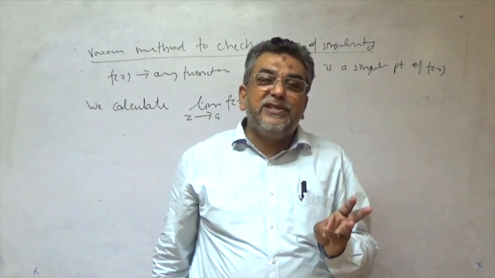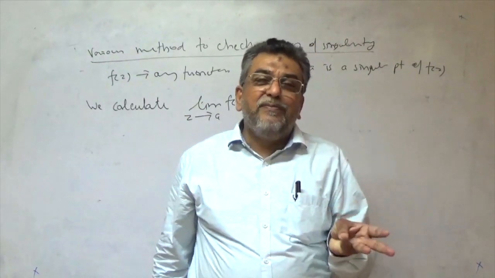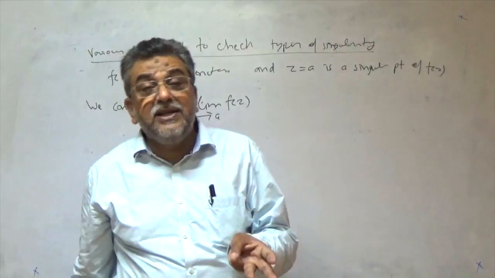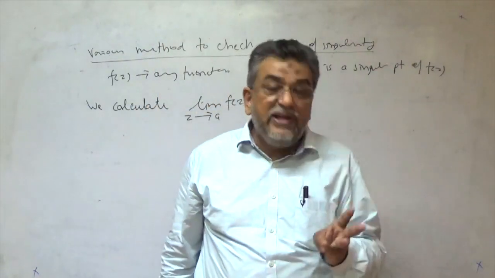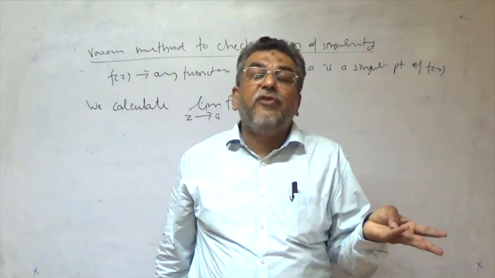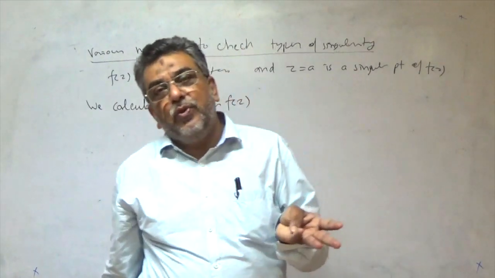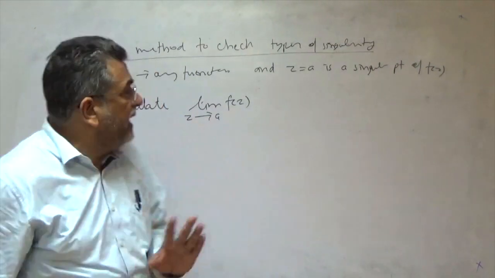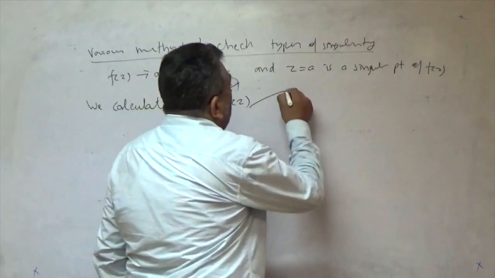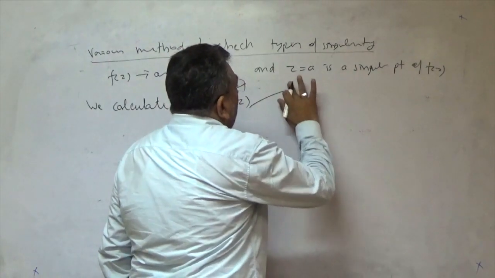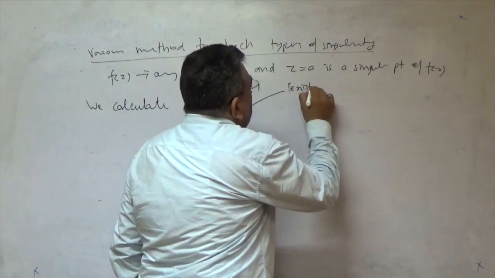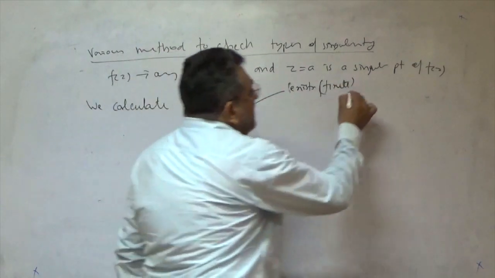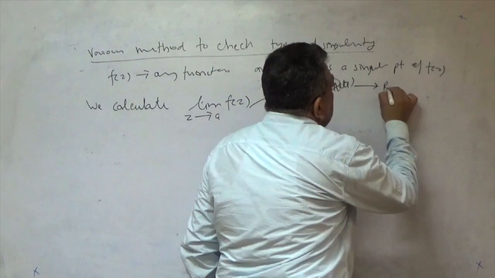So if the limit exists, then it is a removable singularity. If the limit tends to infinity, not finite, then it is a pole. And if the limit does not exist, then it is an essential singularity. That is very simple. If the limit exists, its value is finite, then we say that this is a removable singularity.